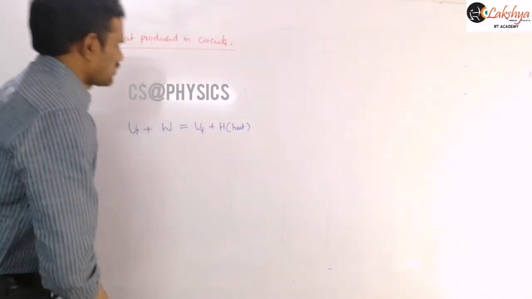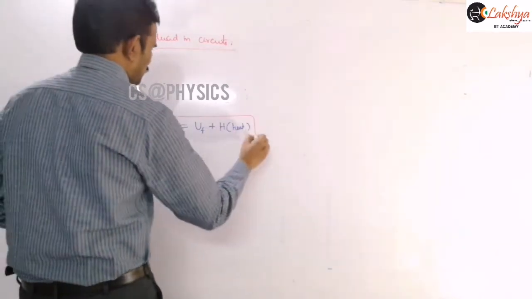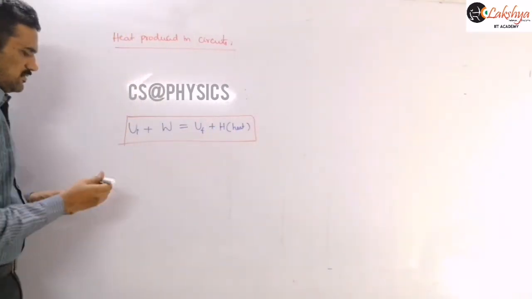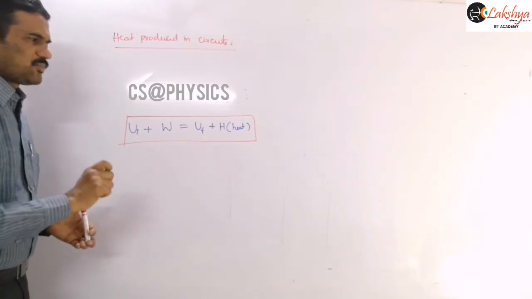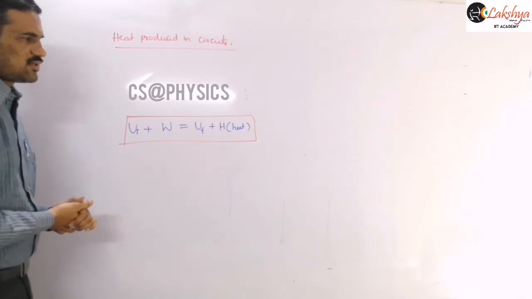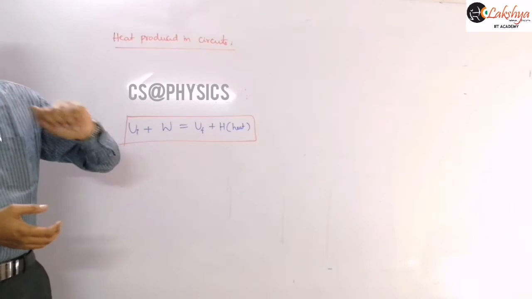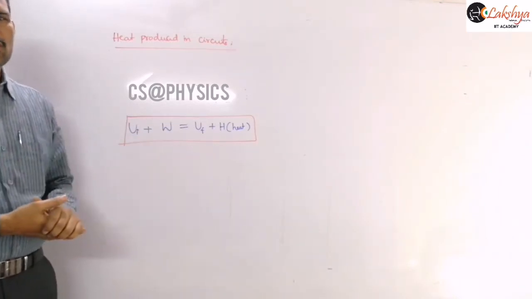So now this is the equation, conservation of energy, that we are going to use here. For every problem related to heat produced in capacitive circuits, you can simply use this equation. With the help of this equation, you can solve any problem related to heat produced.